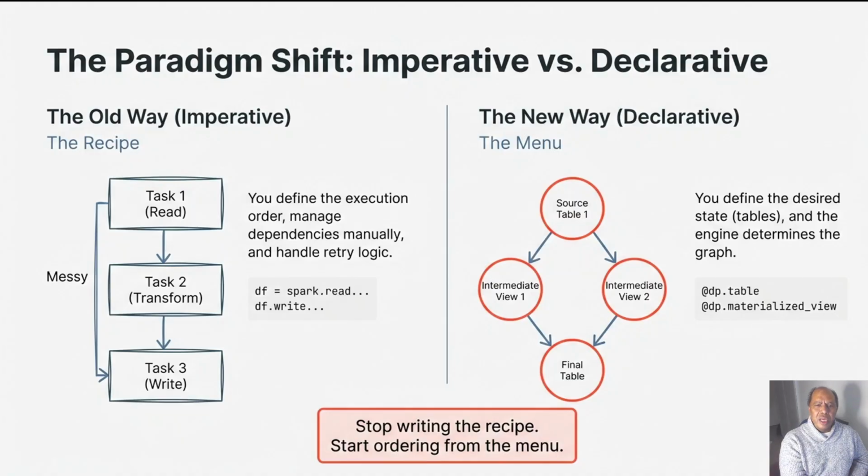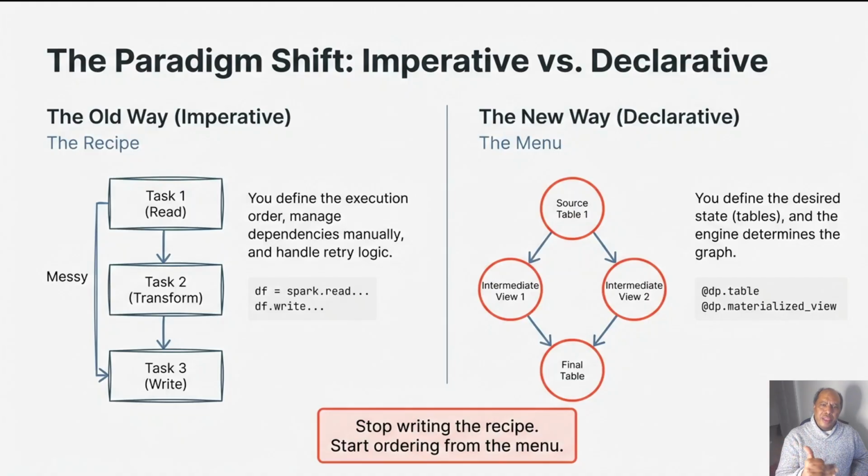In code, this looks like spark.read, then df.write. You are explicitly telling the system every single step. On the right, though, we have the declarative approach, the menu. You define your source table, your intermediate views, and your final table. The engine determines the graph automatically.